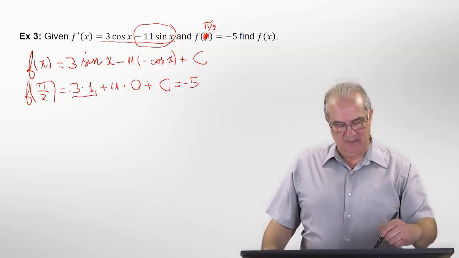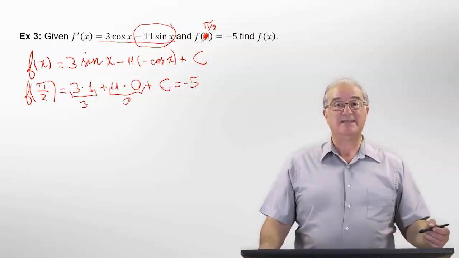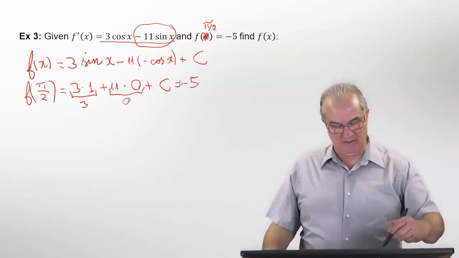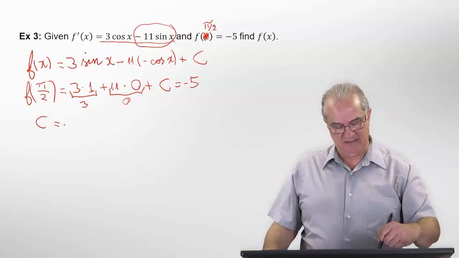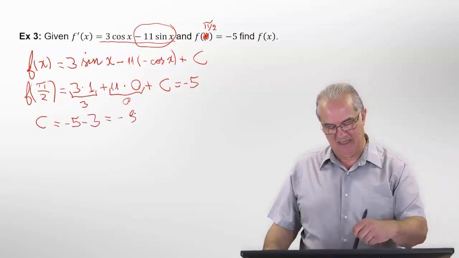So 3 times 1 is 3, 11 times 0 is 0, and that means c plus 3 should be equal to minus 5, which means c is minus 5 minus 3, which equals minus 8.